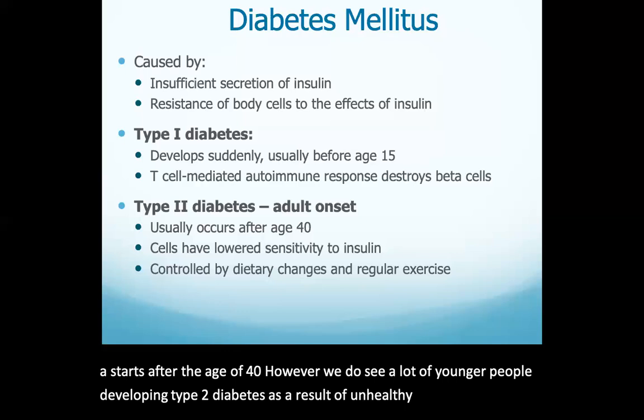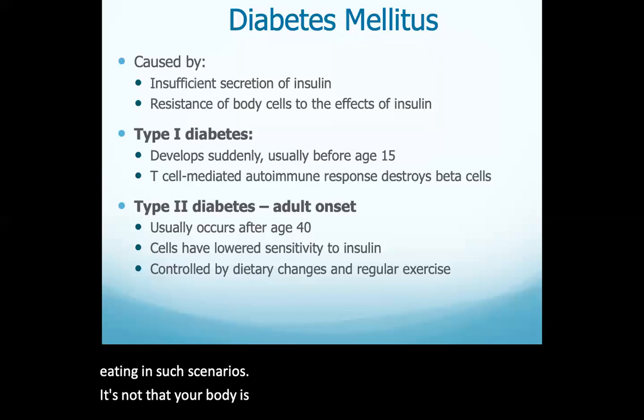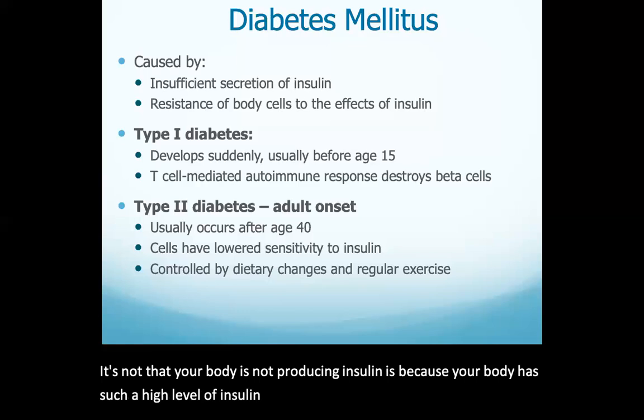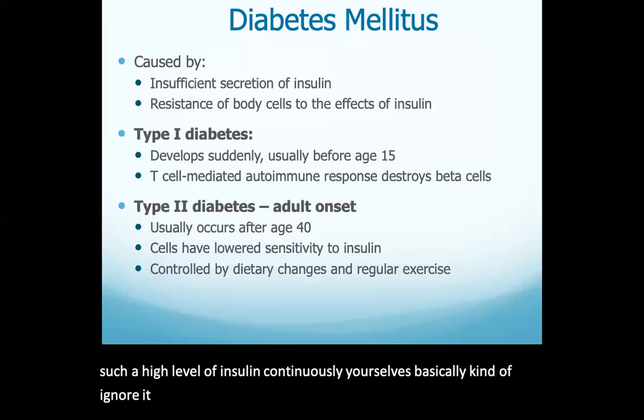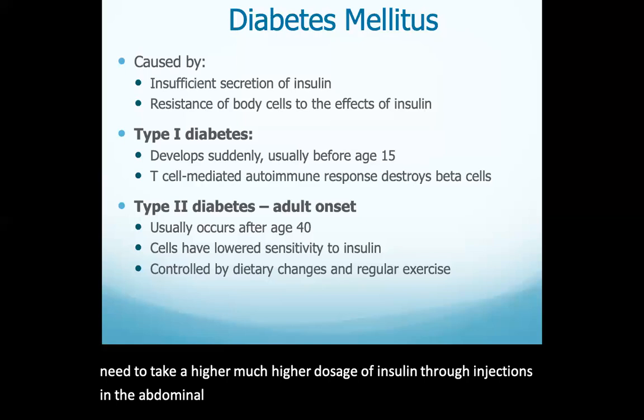In such scenarios, it's not that your body is not producing insulin, it's because your body has such a high level of insulin continuously that your cells basically ignore it. So your cells become insensitive to insulin. Consequently, you need to take a much higher dosage of insulin through injections in the abdominal region to get that extra insulin in and kind of force your cells to take that glucose.